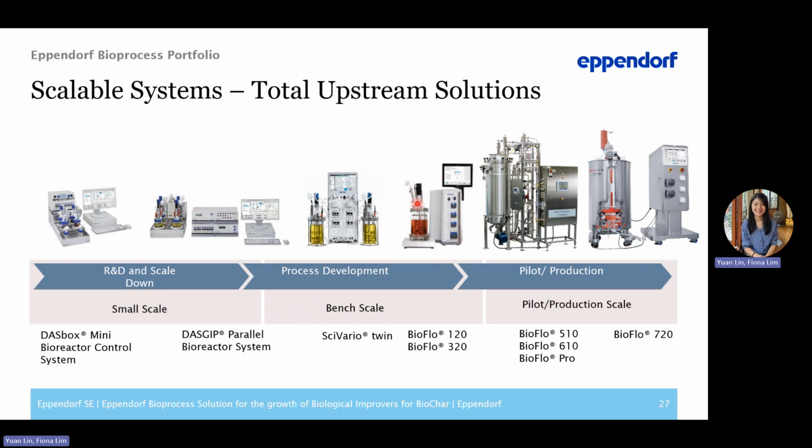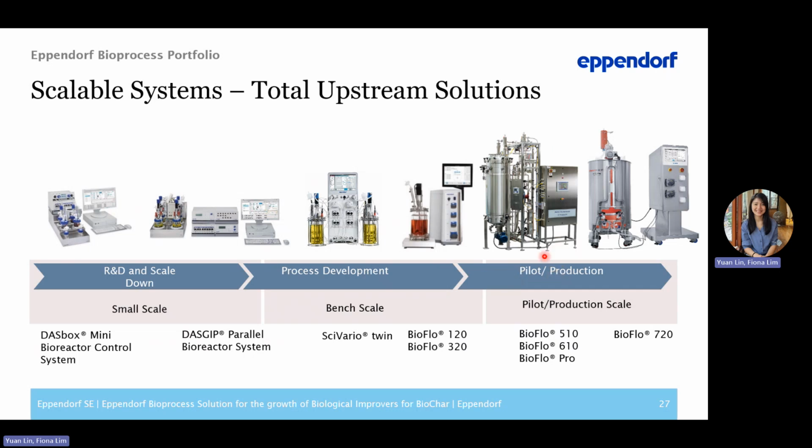And then the next stage, if we are looking to scale up to even larger volume, then we are looking at pilot and production scale. Then we do have this kind of steam in place system, whereby the autoclave is inbuilt within the system. So you introduce the steam into the system to clean the system. And we have three variations for this steam in place system.